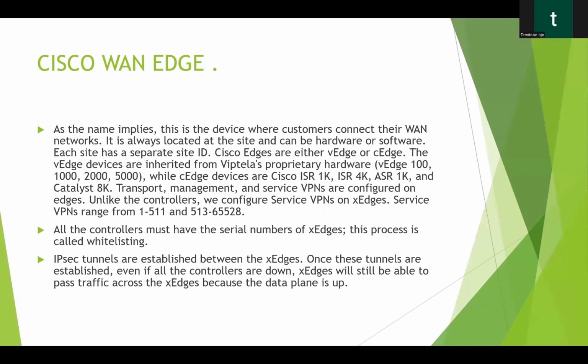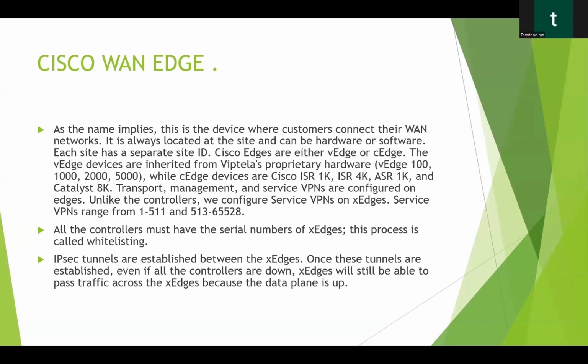Anything outside VPN 0 and 512 can be configured. So service VPN 1 to 511 and 513 to 65,528, those are the range of VPNs that are supported on our edges.